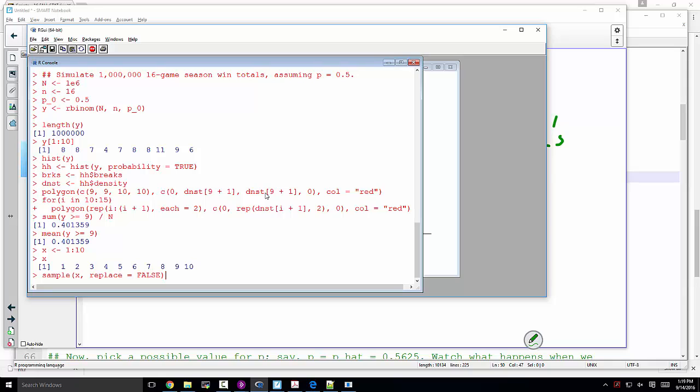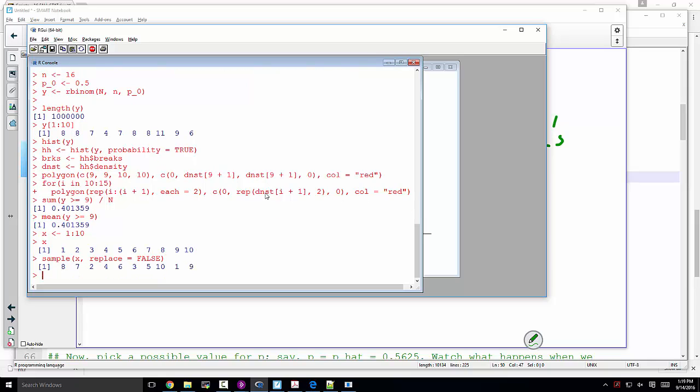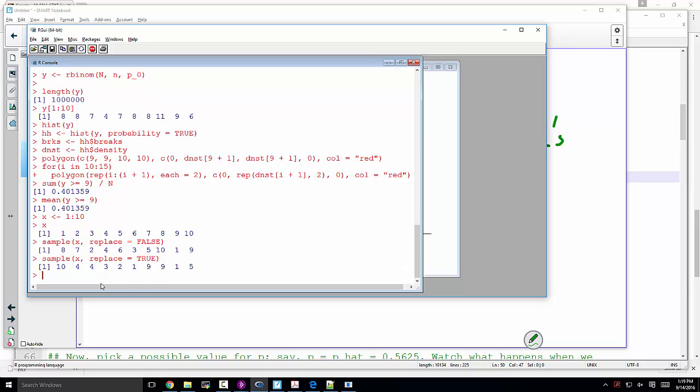So there's an argument called replace, which is for yes or no, should we replace? If I sample without replacement, all it does is shuffle the numbers 1 to 10. Every number's in there exactly once. But if I sample with replacement, then you can have multiple entries of the same thing, and you can have one or more of the original numbers not represented at all. For example, 6 is not in here.